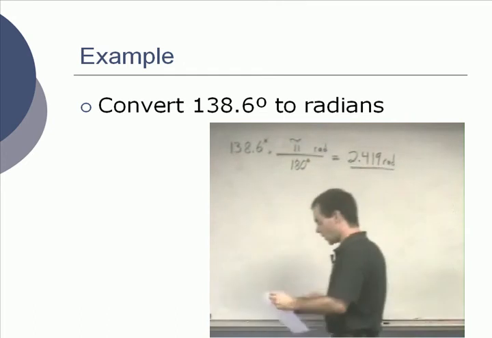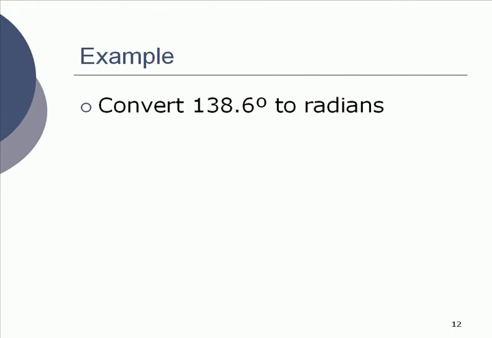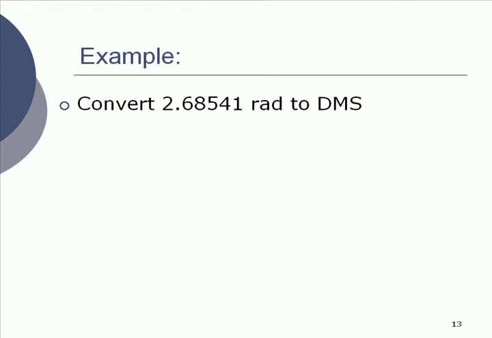Okay. Well, let's do another one. Let's convert 2.68541 radians into degrees, minutes, and seconds. First, we have to go to decimal degrees.